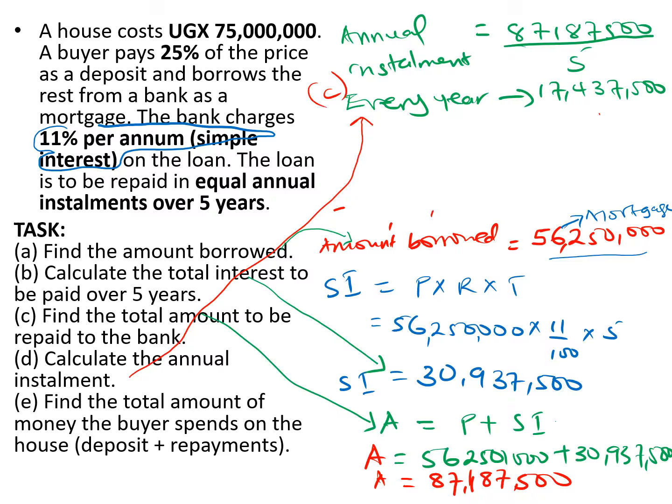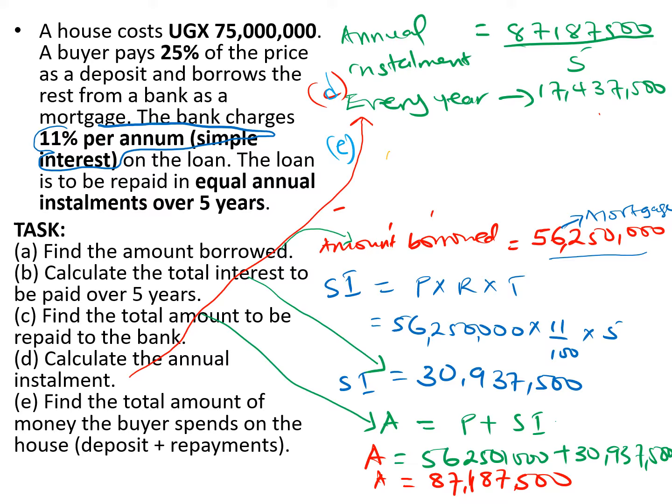And then part E. They ask us, find the total amount of money the buyer spends on the house, deposit plus repayments.